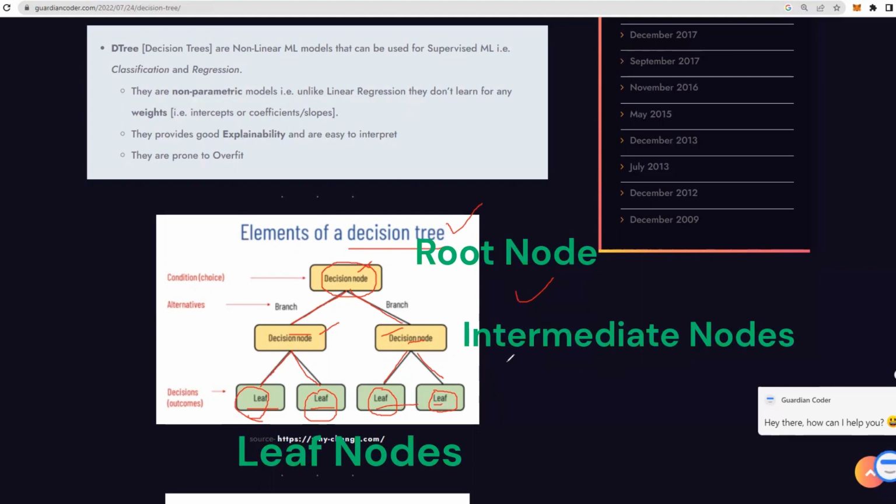But now, how do we use a decision tree in the field of machine learning? Let's understand that. Based on someone's age and salary, you have to predict the amount of loan that we can give to that person. At the root node, the very first column that we will use is age, and let's say we have a threshold of age less than 40. So at the root node, the question is: age less than 40, yes or no?